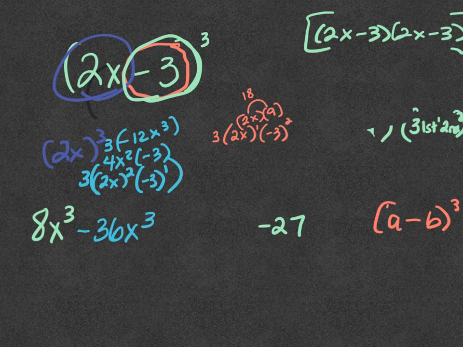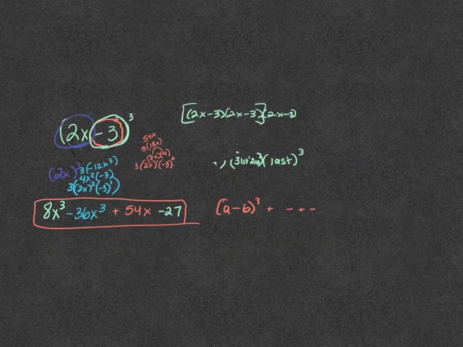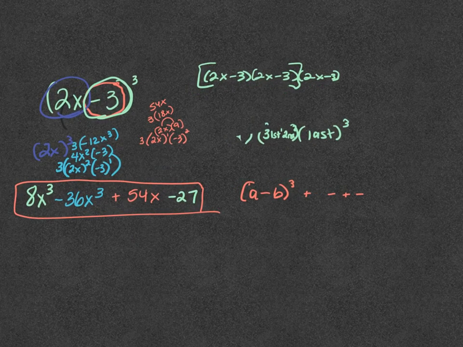That becomes 18x, multiply it by 3, and I get positive 54x. So remember I said if it's a minus, the pattern goes plus, minus, plus, minus. It's doing that if I keep that negative with it. I don't have to memorize that pattern, okay? But again, sometimes that shortcut is just as confusing as if you just FOIL it out. If you wanted to just FOIL it out, that's totally fine.